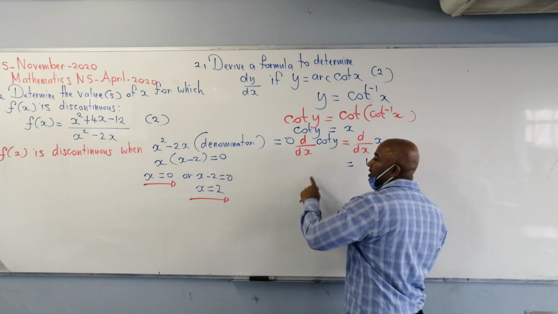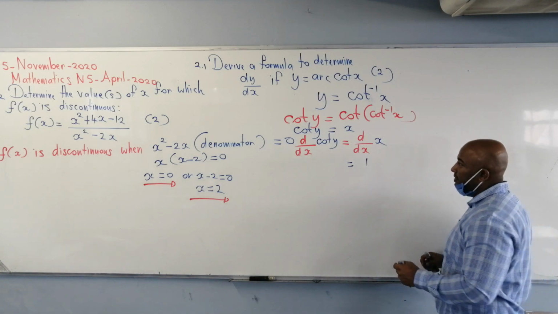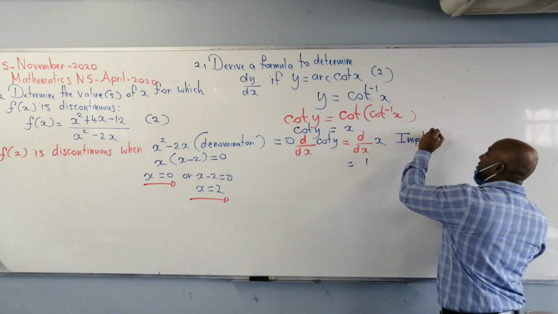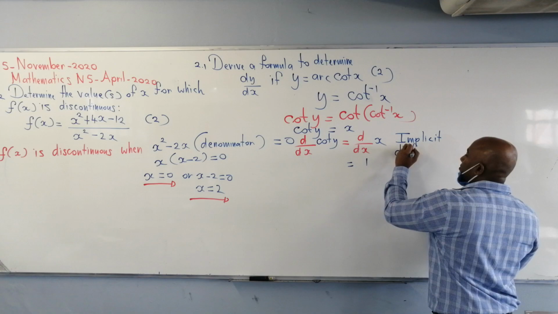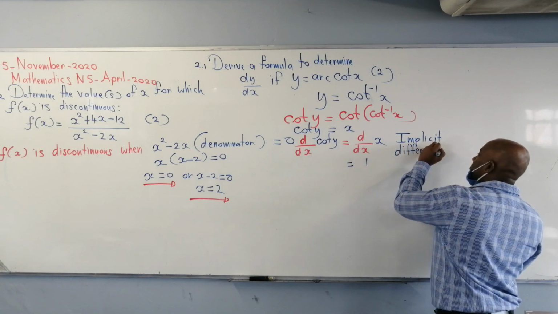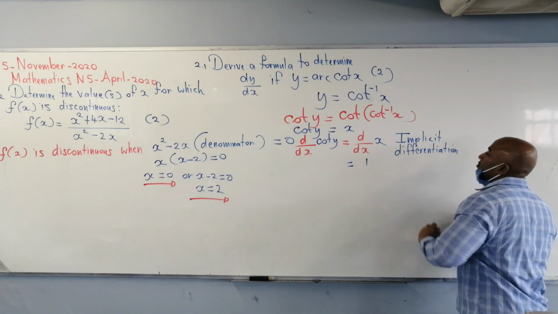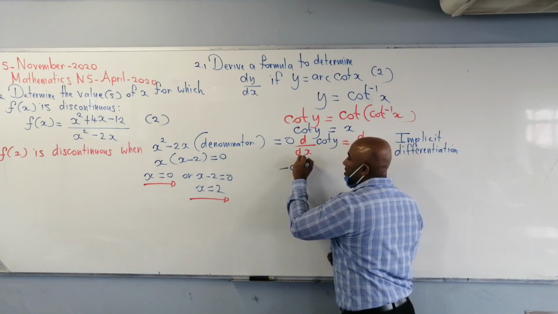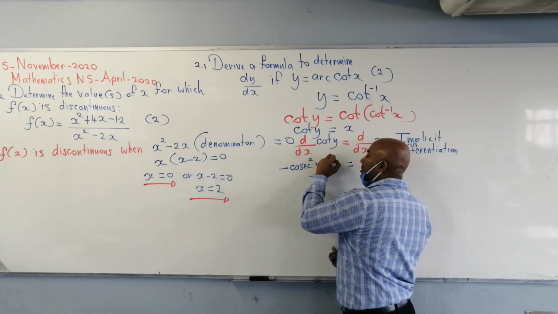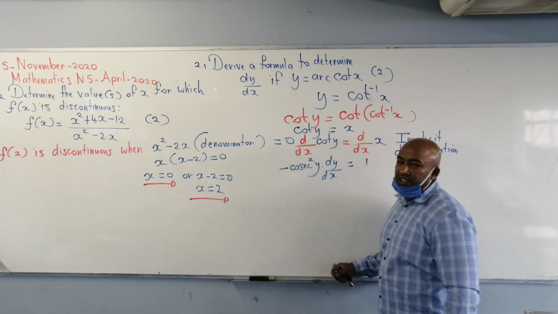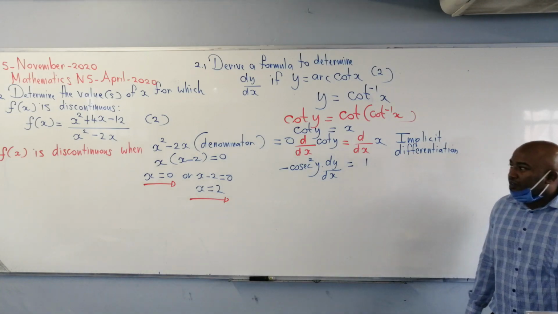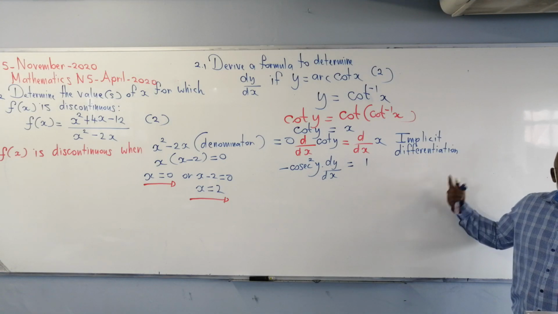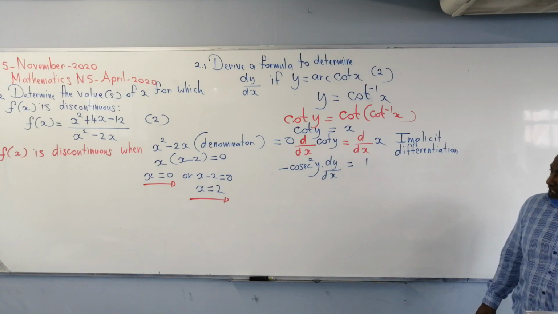So this is called implicit differentiation. Okay, so let me just write that down. This is implicit. So the derivative of cot y will be negative cosec squared y, and you multiply by dy over dx. Shortcut, implicit: whenever you're differentiating y, differentiate it using the normal rules, but you multiply by dy over dx.